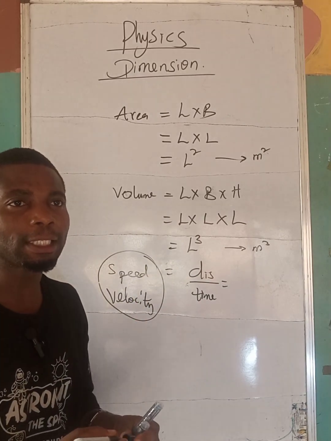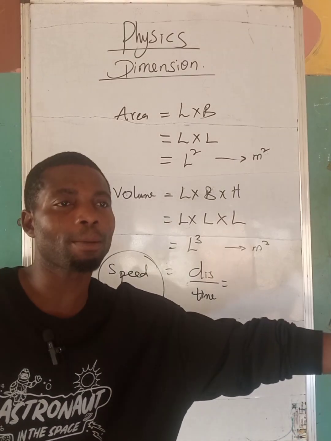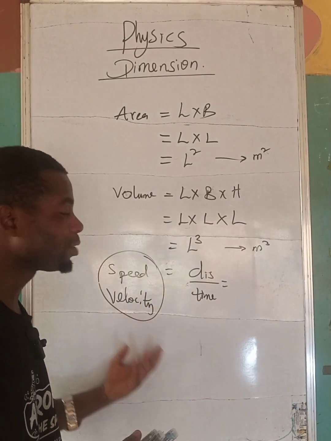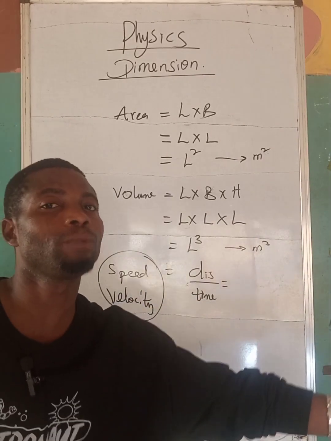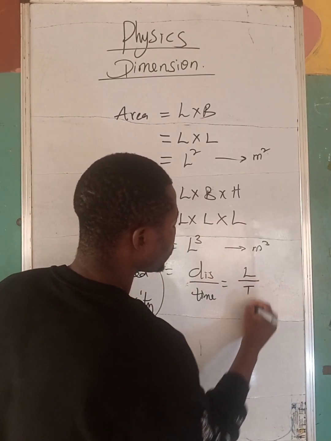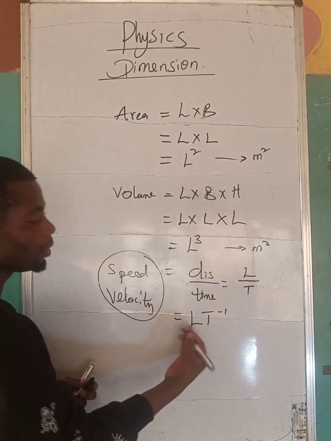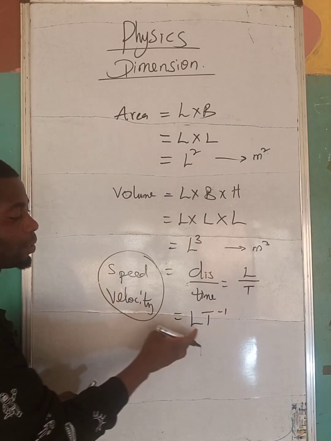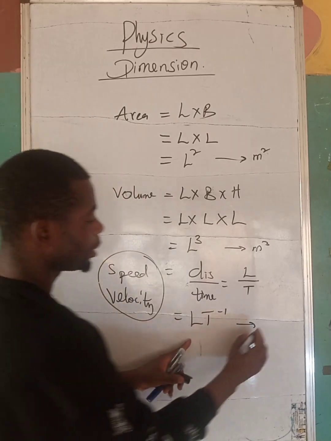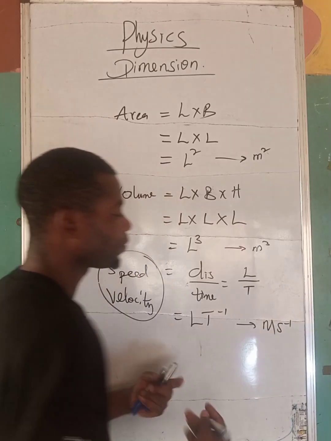Distance means you are measuring the separation between two points, that means L. Displacement is also the distance between two points, which is L. So we have L divided by time, and this is LT^-1. So the dimension of speed or velocity is L per time, and the unit is meter per second. Remember, the unit of L is meter and time is second.